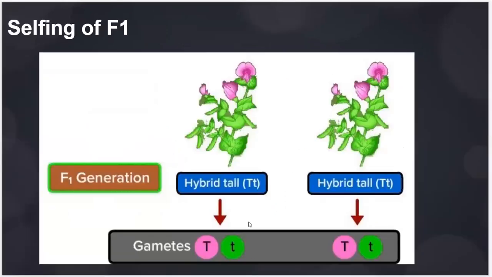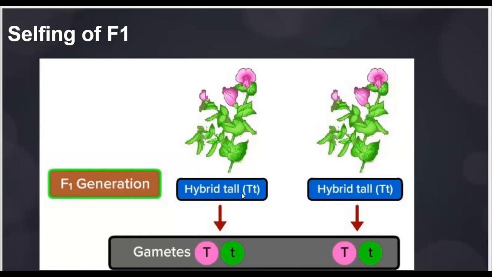Now you got the first generation, now the first generation will again undergo crossing to give the second generation, that is F2 generation. So in first generation, you all got heterozygous tall plants. Now for F2 generation, what will be the parents? The parents will come from the first generation only.